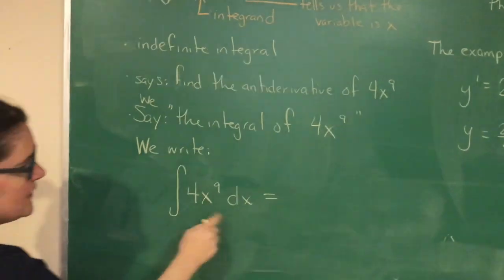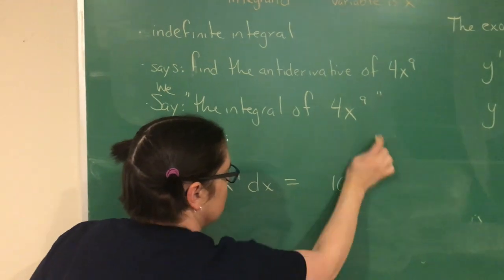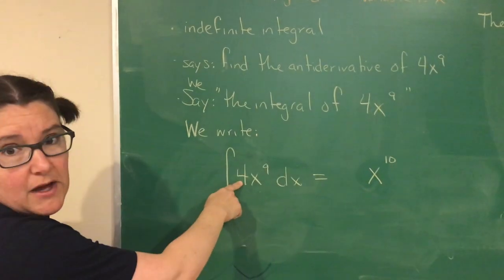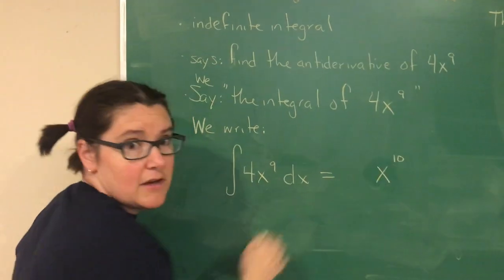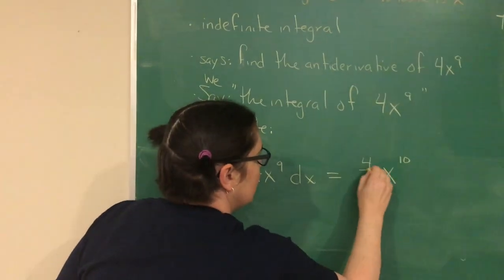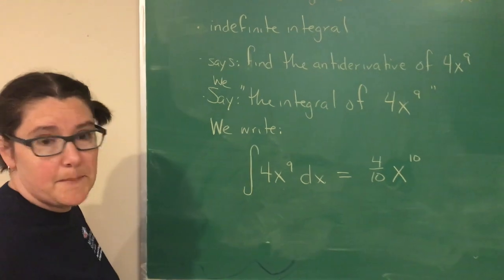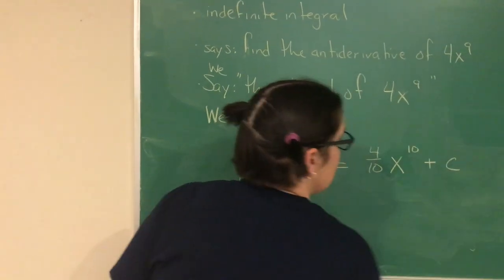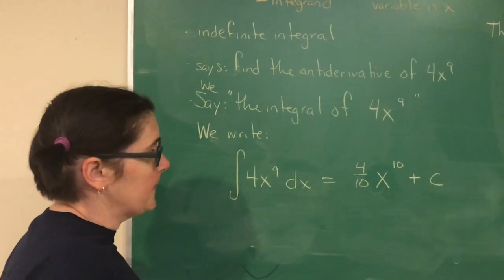So I'm going to add 1 to the power. So I have x to the 10th, and I'm going to divide the number in front by that new power. So I have 4/10 x to the 10th. And then I add on a plus c because who knows, maybe there was some kind of a constant there.